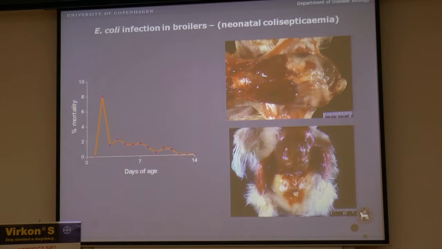Again, just to sum it up a little bit, how this neonatal coli septicemia may appear in flocks typically. This is a very severe case, but you see the days of age of these broiler chicks on the lower bar, and very high mortality within the first days may appear, and then we have the decrease in mortality over the days. Again, this is quite extreme, but the figure is very common for this first week mortality.